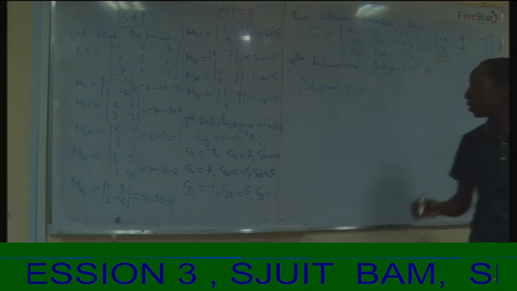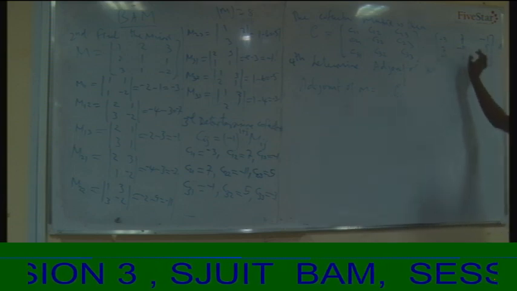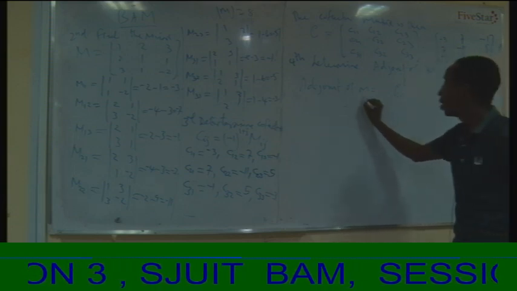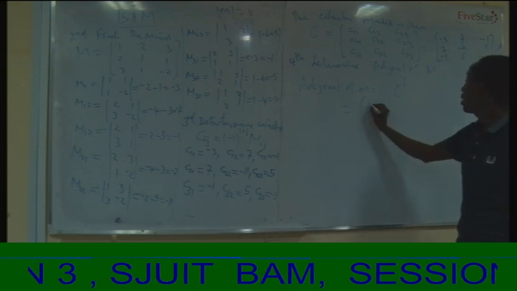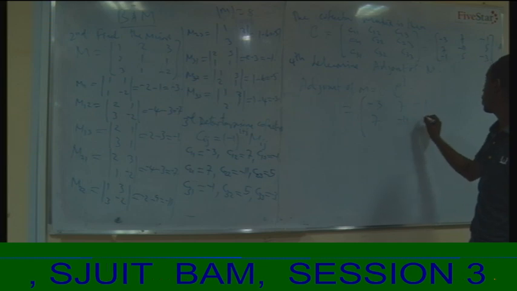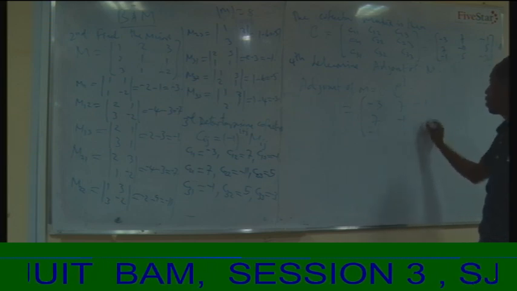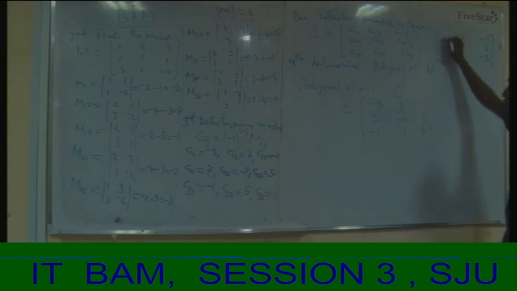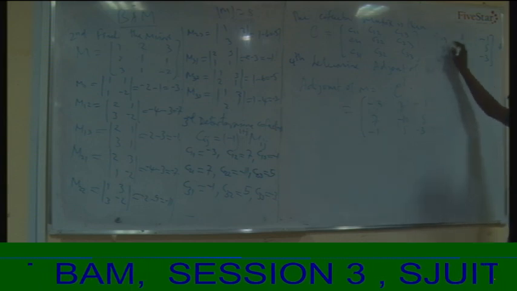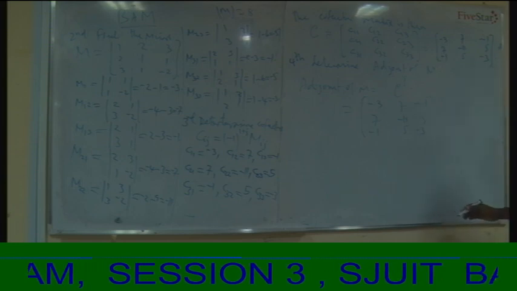We just transpose the cofactor matrix and get the adjoint. Transposing the matrix is just changing the rows and columns. So we have the matrix with -3, 7, -1, 7, -11, 5, -1, 5, -3. These columns now become the first row, this column becomes the second row, and this one becomes the third row.